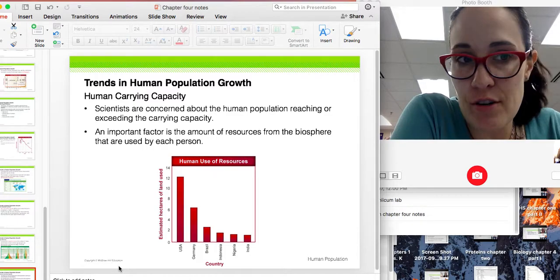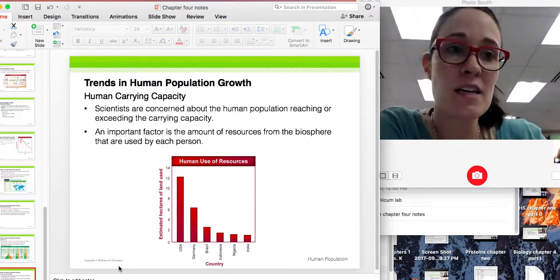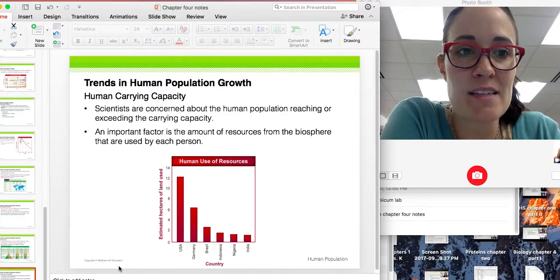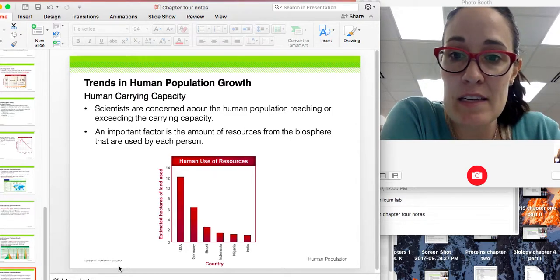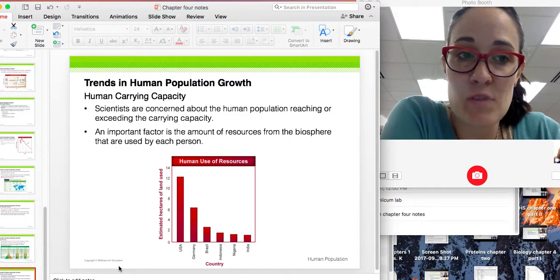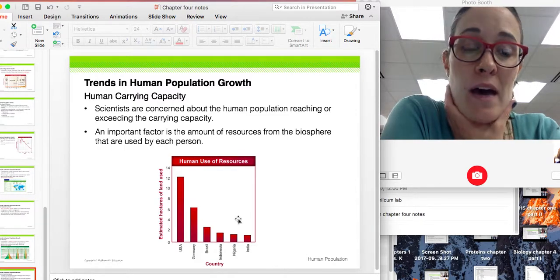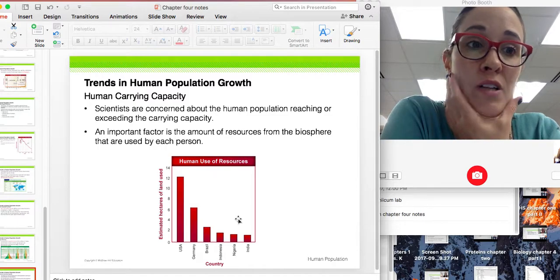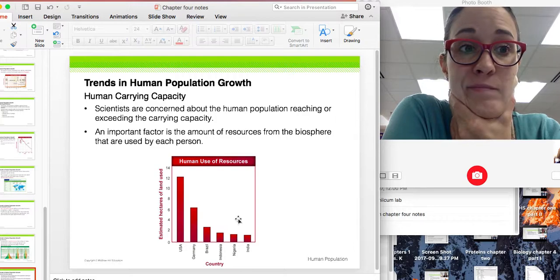Scientists are very concerned about this, about the humans on Earth exceeding the carrying capacity, meaning we won't have enough resources, we won't have enough space to maintain life. So that's something to consider. What scientists look at is the impact that individual countries and the humans within them have on the biosphere and how much they're taking resource-wise.